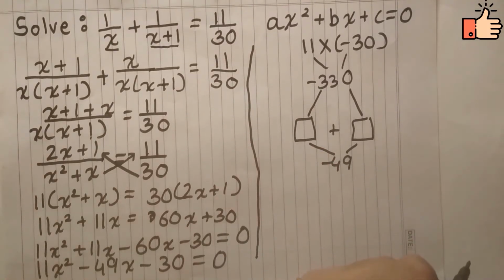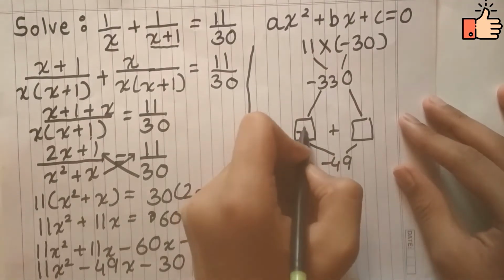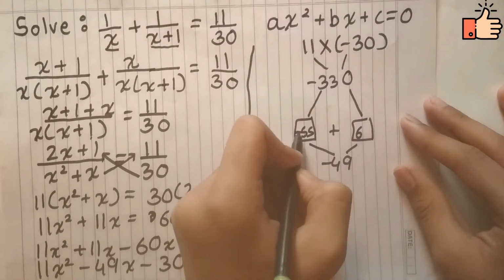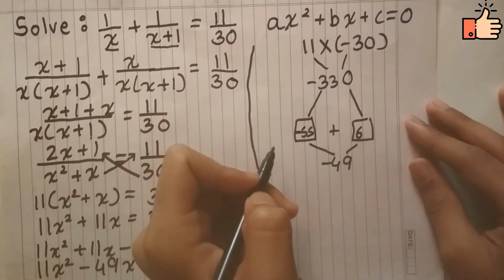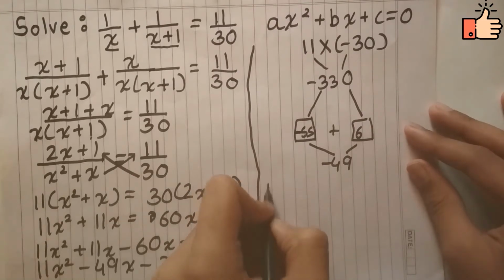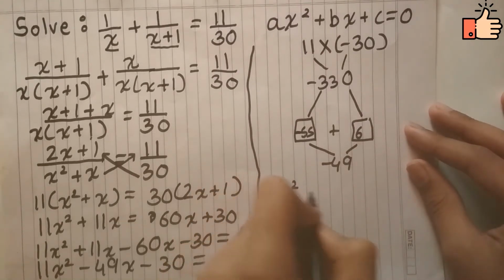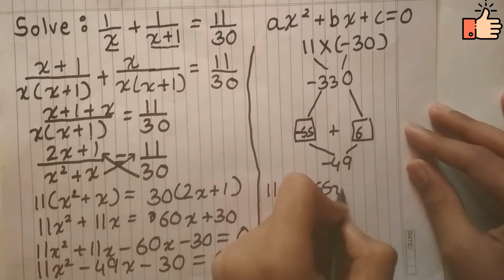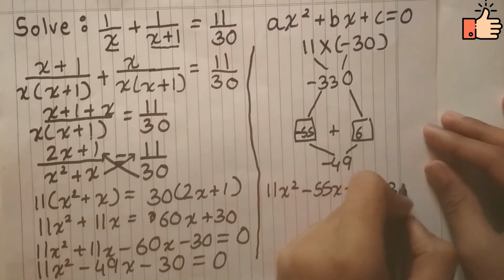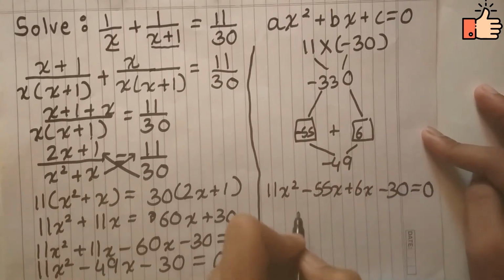They can be minus 55 and 6. This is negative 55. So let us write it as 11x squared minus 55x plus 6x and minus 30 is equal to 0.